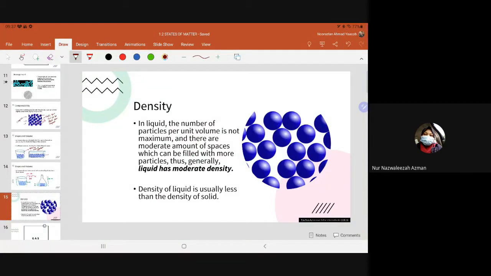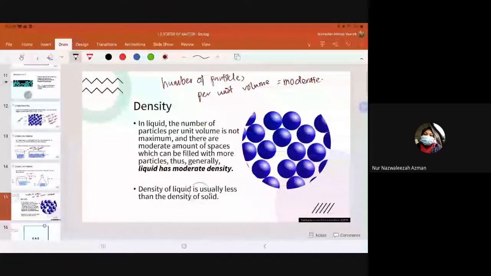So we know that liquid, number of particles per unit volume is moderate. Sederhana. And because of this, liquid has moderate density, dan kita selalu cakap density of liquid is less than solid. Okay.